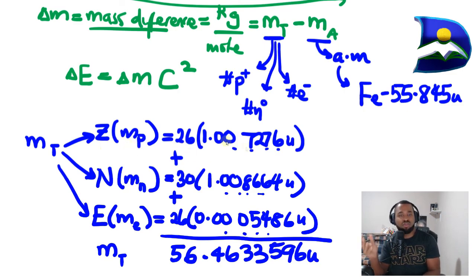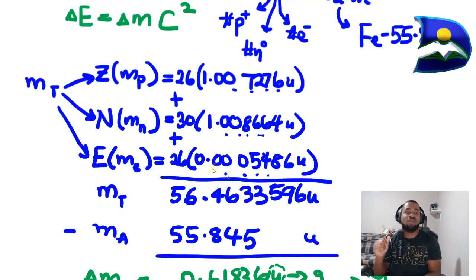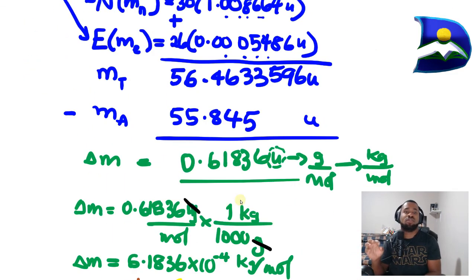In this case, we have protons, we have our neutrons, and we have our electrons. And in the total particles, when they are fully separated out, taking away our atomic mass unit from the total particles will enable us to find the mass defect or the mass difference.